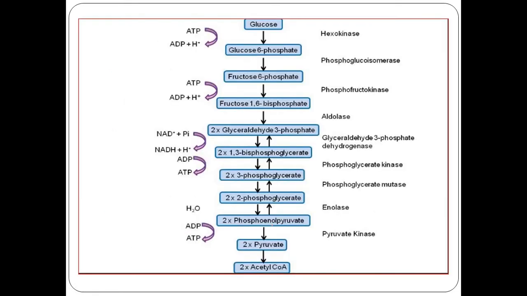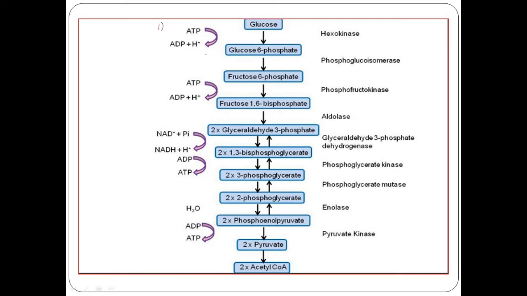Here are the steps of glycolysis, starting from glucose, and the end product is pyruvic acid. One minute, I'm just writing the steps here.